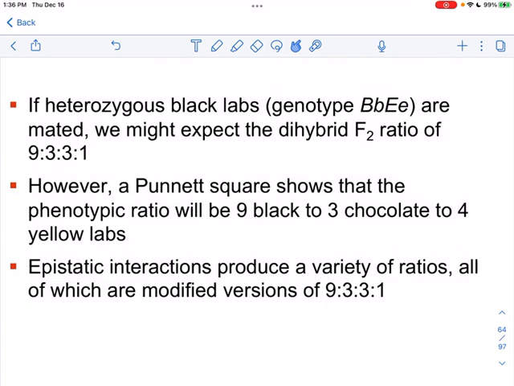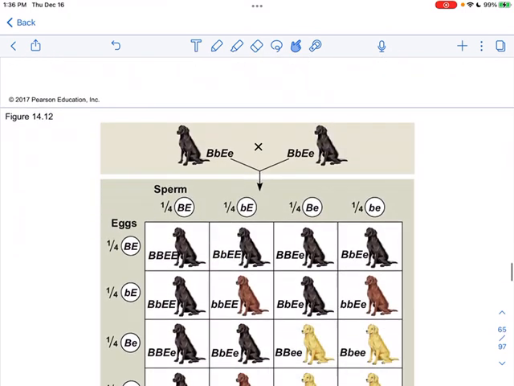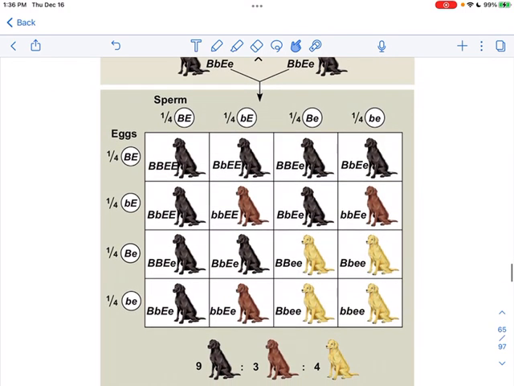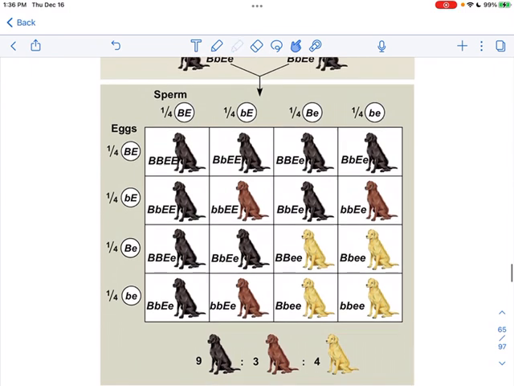So what's happening there is what happens with that epistatic gene, that E, that second gene. Notice here, when you don't have a dominant copy of that E gene, these particular individuals don't have the pigment. Even if it's coding for pigment, that pigment doesn't get deposited into their coat, into their fur.